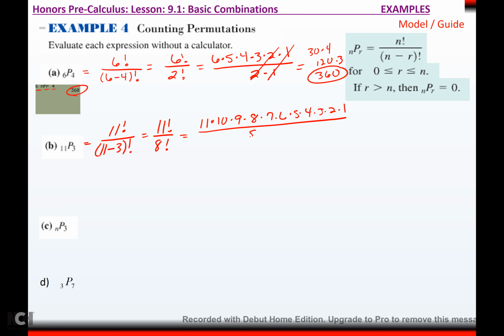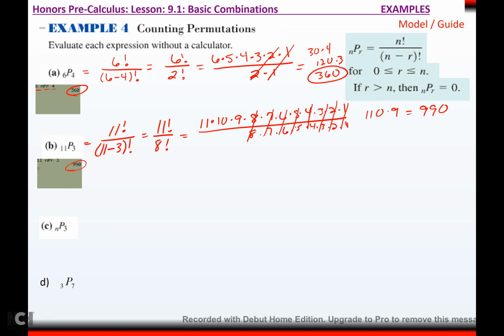On bottom is going to be 8 times 7 times 6 times 5 times 4 times 3 times 2 times 1. And all of those cancel out. And so what I'm left with is 11 times 10 times 9. Well, 11 times 10 is 110, times 9 is 990. If you type that in the calculator, 11 nPr 3, you get 990.